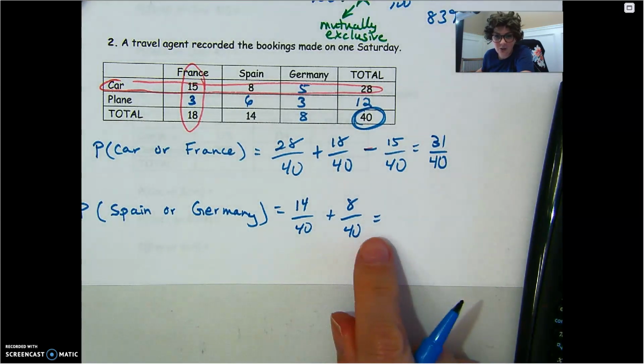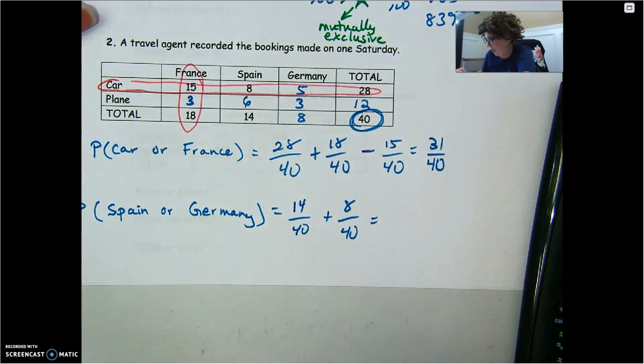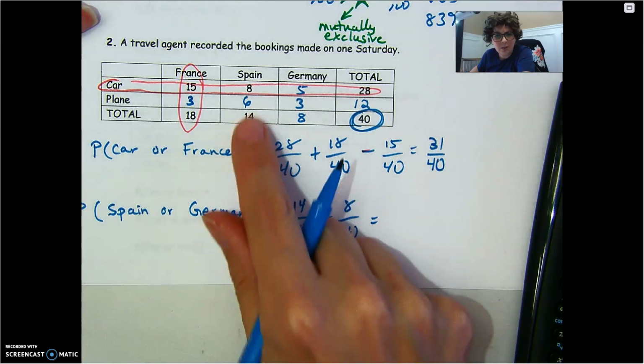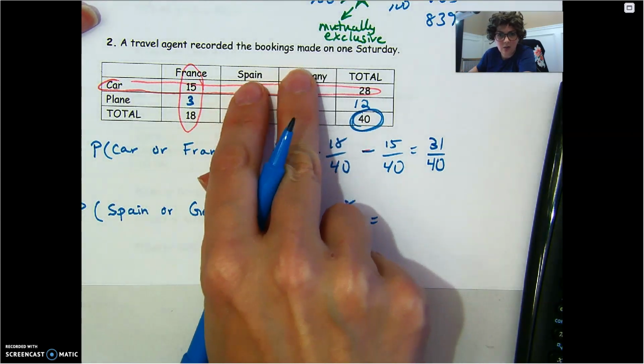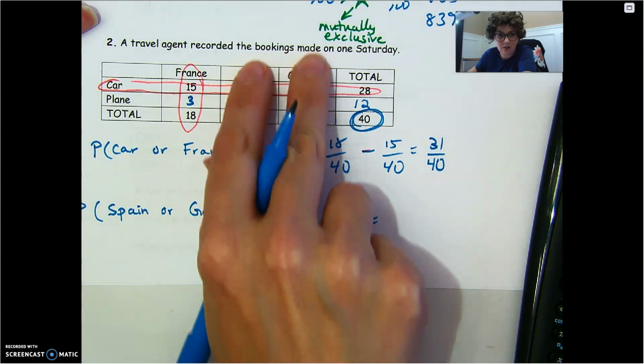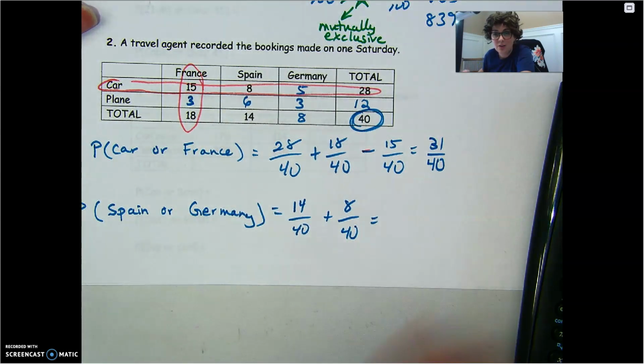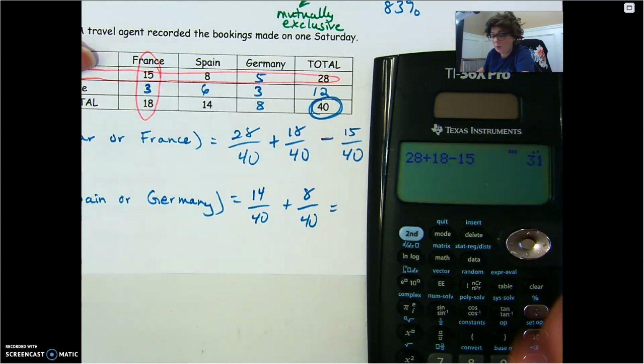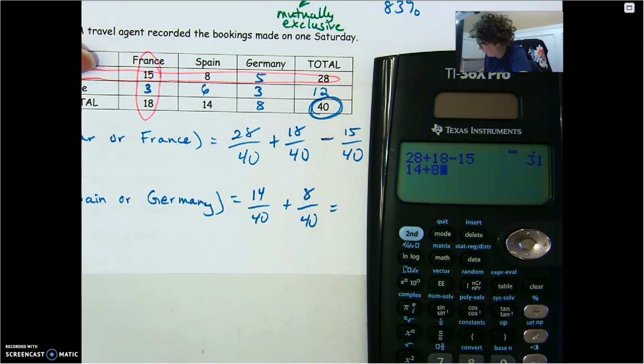Ooh, I kind of jumped the gun, didn't I? I just put an equal sign there without thinking. Is there an overlap between Spain and Germany? When I look at it, do they share any numbers? No, right? They don't crisscross over each other. So these are mutually exclusive. There is no overlap. I can jump right to my answer then. So 14 plus 8, that's 22 out of 40.